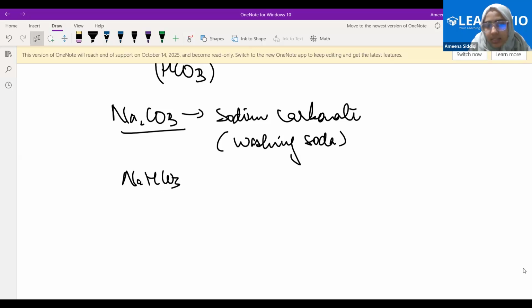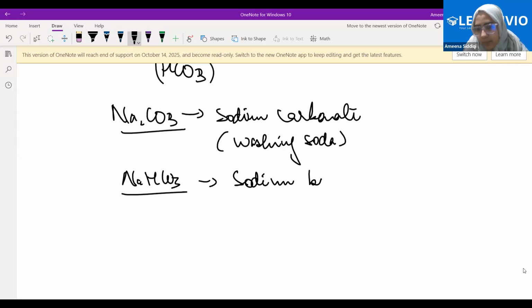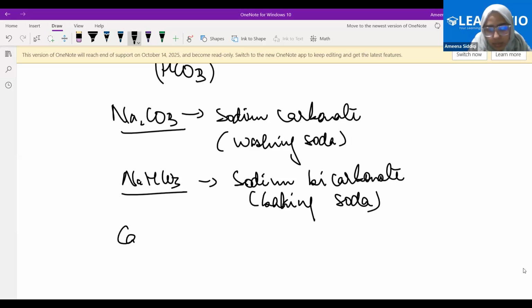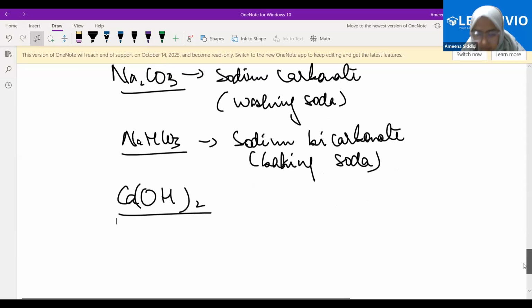What is the name of this? It is sodium hydrogen carbonate or sodium bicarbonate. Its common name is baking soda. What is the chemical name for this? Calcium hydroxide. Good.